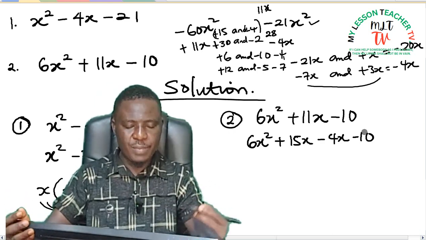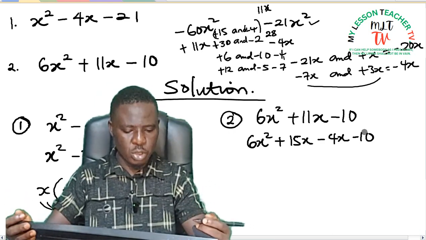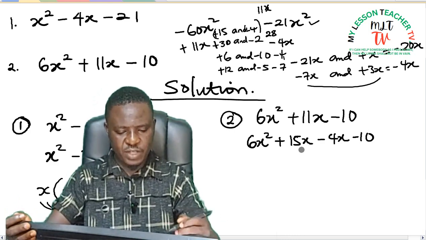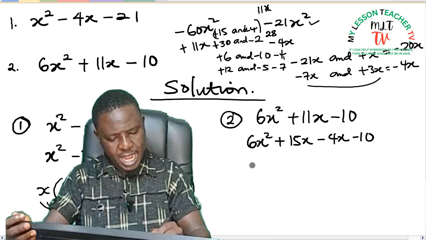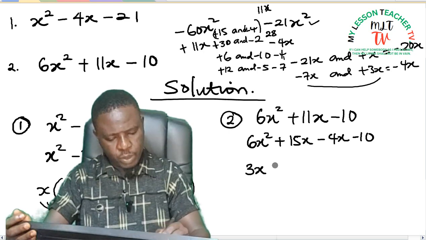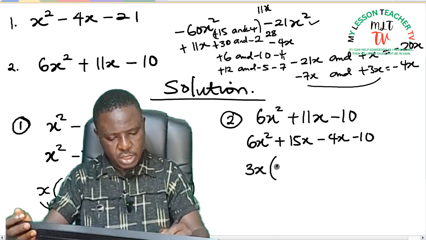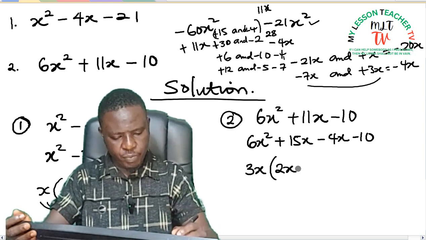We have now changed it from a 3-term expression to a 4-term expression, which is now easy for us to factorize. So considering the first two terms, 3x is common. So divide 6x squared by 3x, you'll be left with 2x.